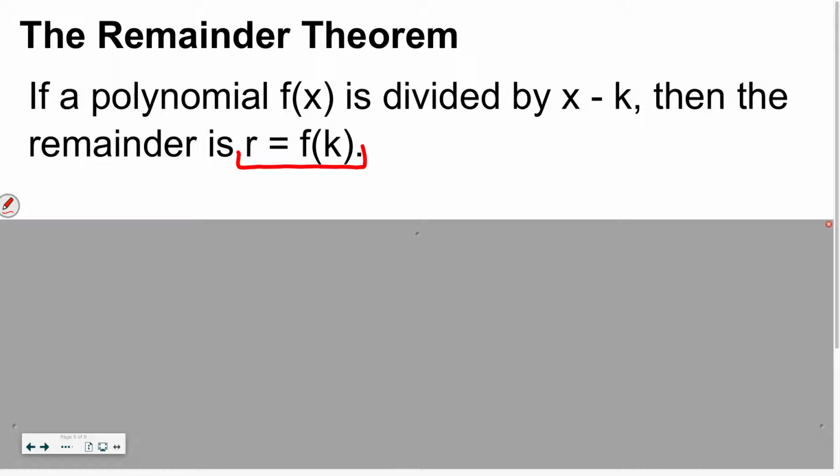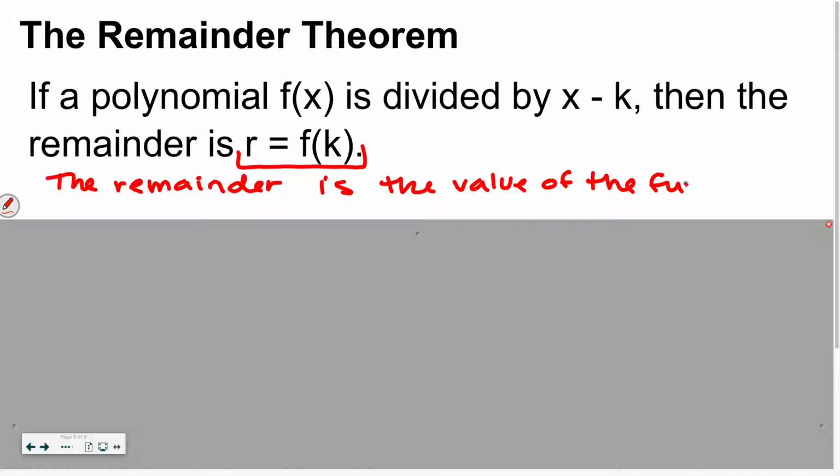And what this says is the remainder, r, is the value of the function at x equals k.